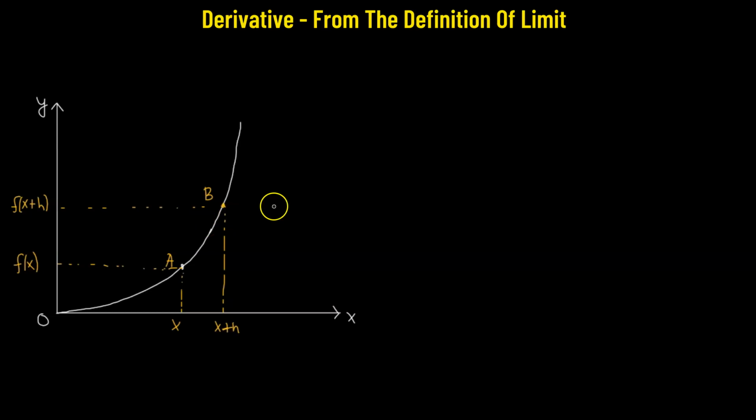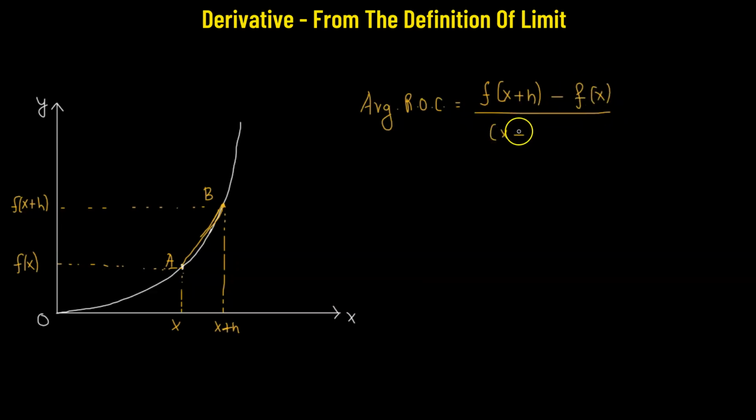Now recall when we were discussing the average rate of change, that means the average rate of change between point A and B. So let's join A and B. So that is given by f of x plus h minus f of x divided by x plus h minus x, or this is simply f of x plus h minus f of x divided by h. So this is the average rate of change.